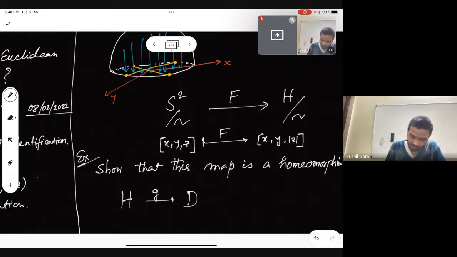Any point in H looks like x, y, square root of 1 minus x squared minus y squared, and that goes to x, y. So this is a homeomorphism. This is G.